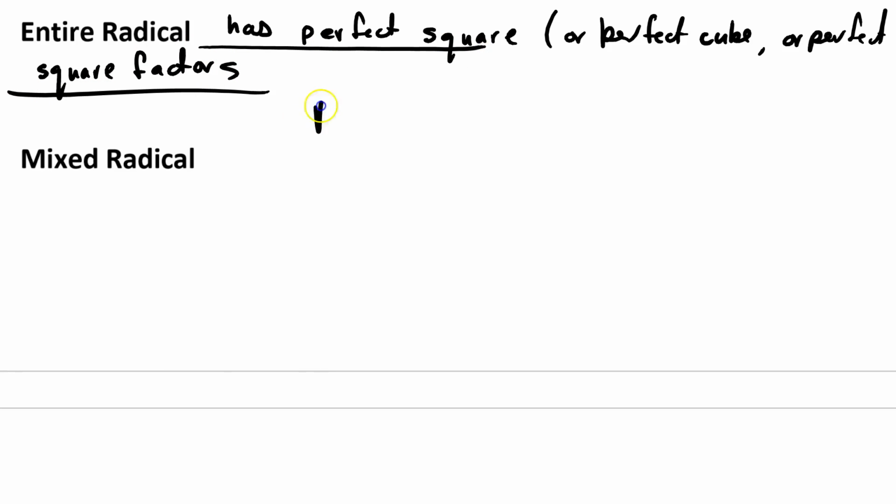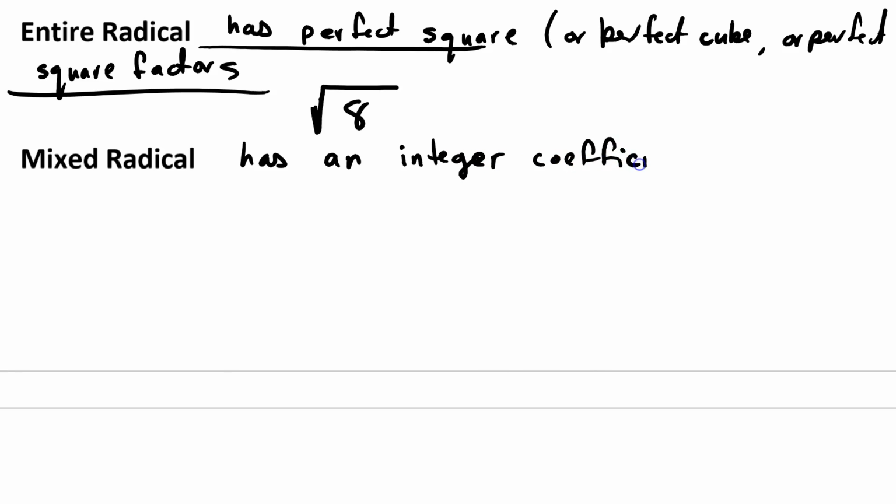Okay, so for example, the square root of 8. A mixed radical has an integer coefficient plus a "non-simplifiable" radicand.